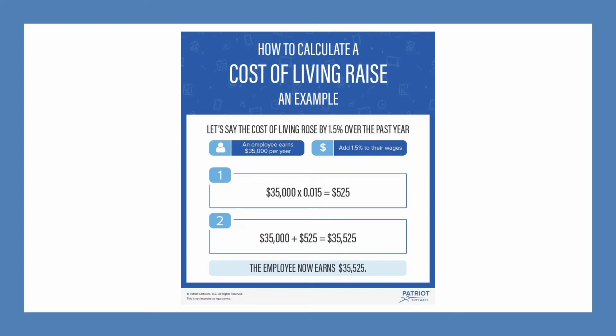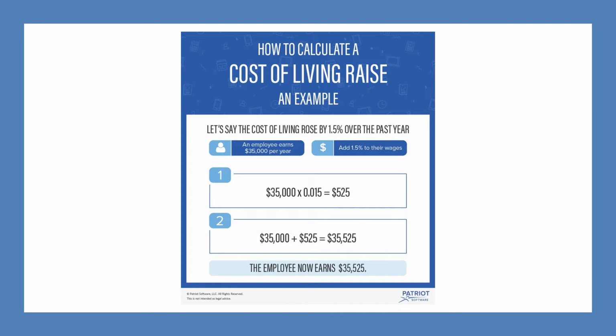So how to calculate the cost of living? It will be explained with the help of an example. Let's say that the cost of living rose by 1.5% over the past year. An employee earns 35,000 per year and we add 1.5% to their wages. So we multiply both of them and we get 525.